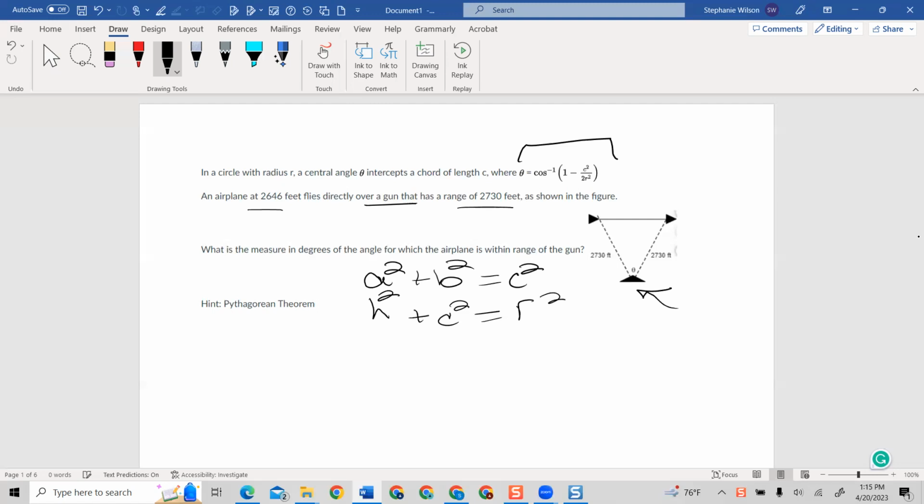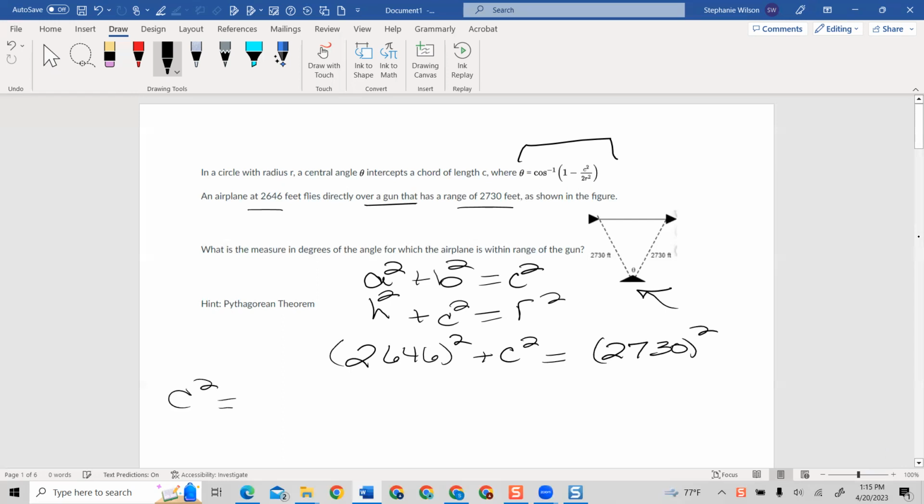Well, we know what the height is. It's 2,646, and we're going to square it. Plus c squared is equal to our radius, which is 2,730. We square it. Let's solve for c squared. I'm going to subtract this from both sides.